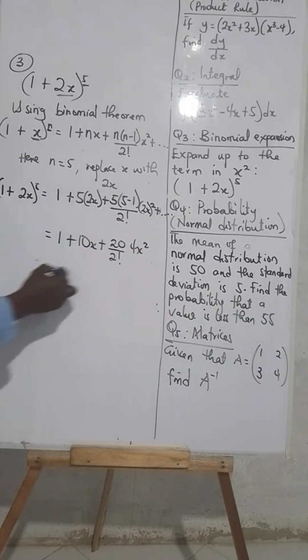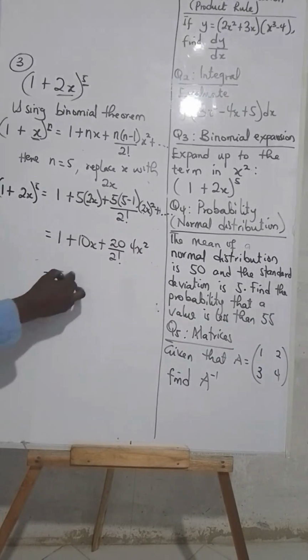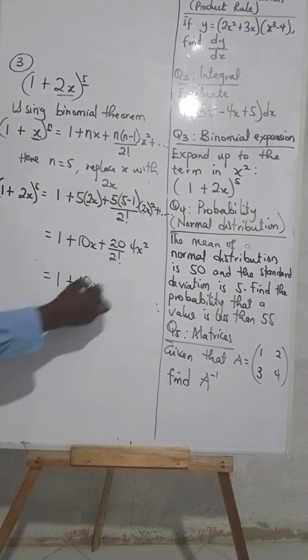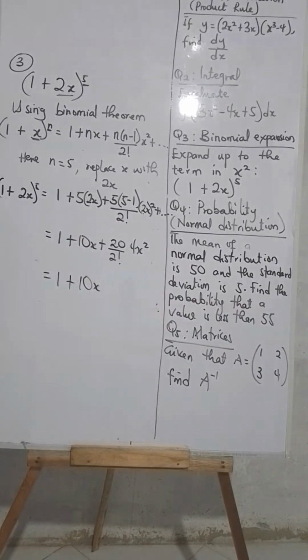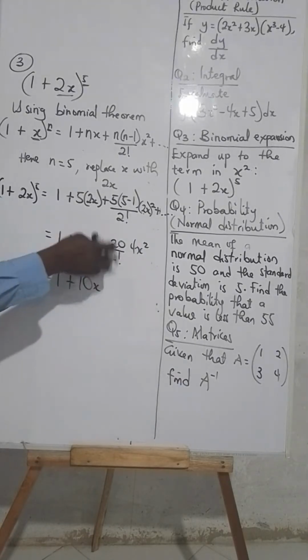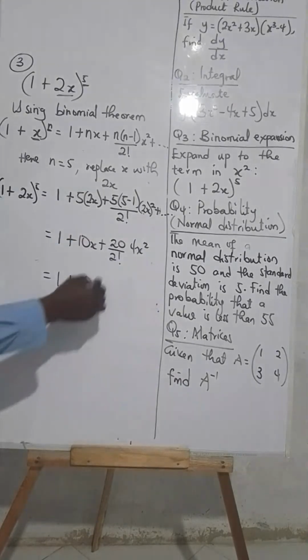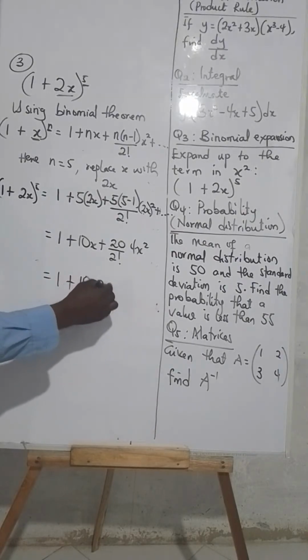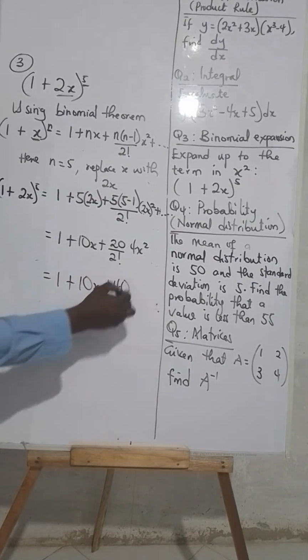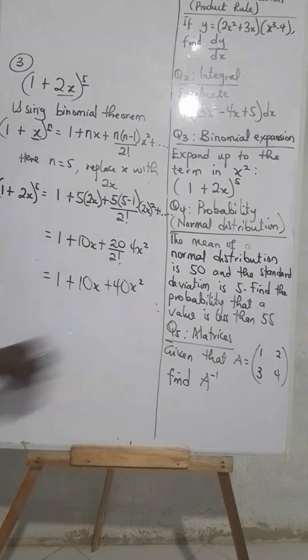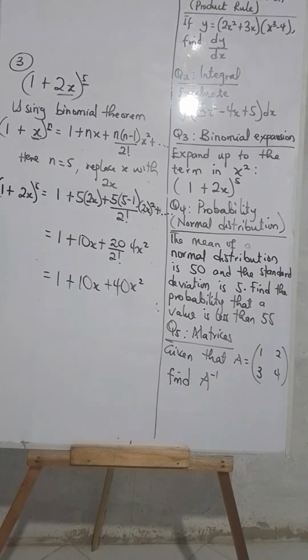So we have 1 plus 10x. Then 20 on 2 will give you 10. So 10 by 4, that is 40x squared. Right. So I hope this one is also simple.